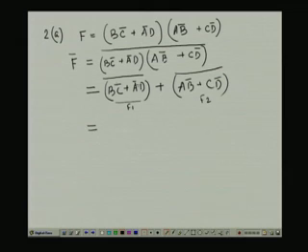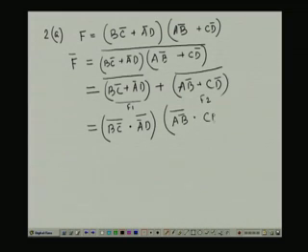Now, if we apply the same De Morgan's law, the first term becomes the complement of B C bar, dot, the complement of A bar D. Similarly, the second term will be the complement of A B bar, dot, the complement of C D bar.